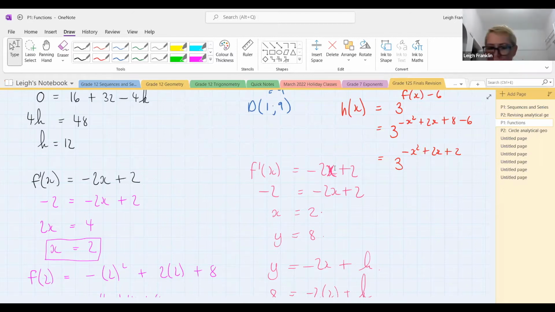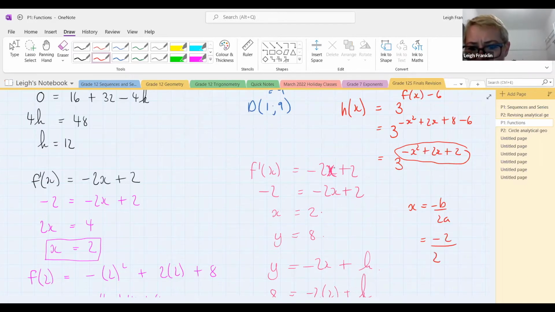I think what I would do here is I would use x equals negative b over 2a to work out what the x coordinate is at your maximum. So here I would say negative b, so that would be negative 2 over 2 times a is equal to negative 1.